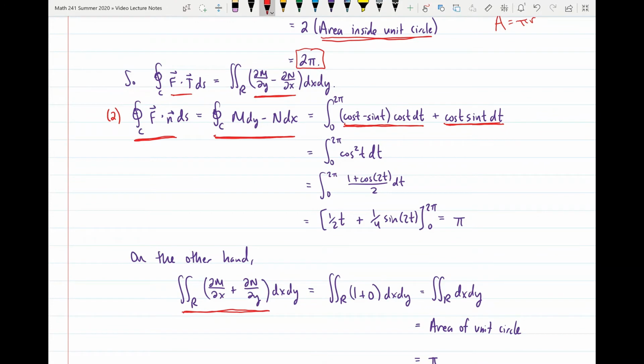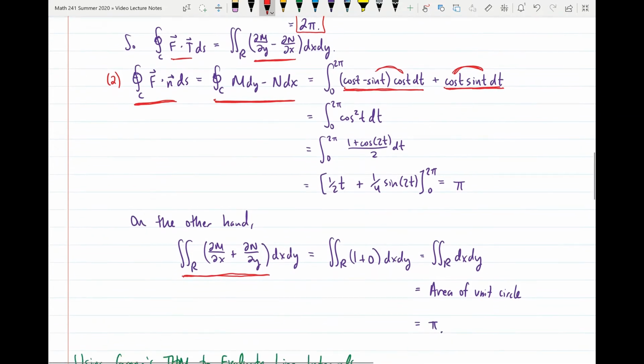And now we can rewrite that as the integral from 0 to 2 pi of cosine squared t dt. So we have a minus sine t cosine t and a plus sine t cosine t that are being canceled with one another, and we're just left with the cosine squared of t.